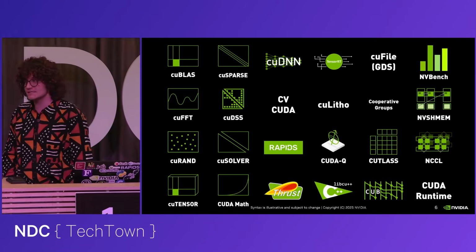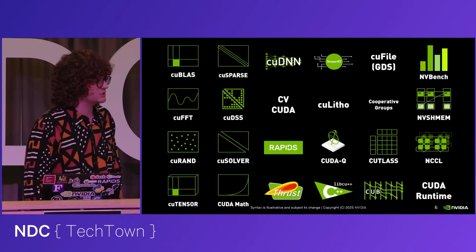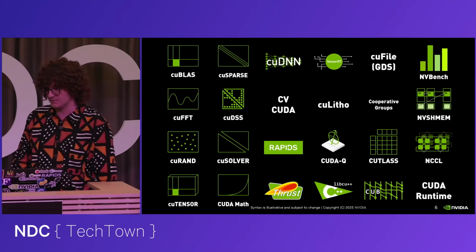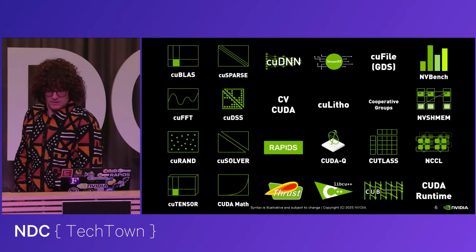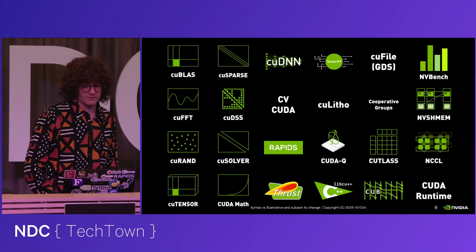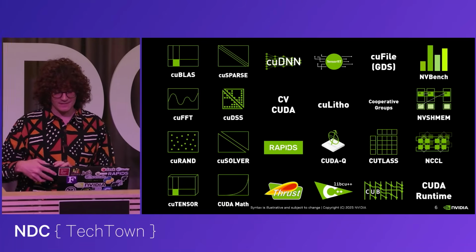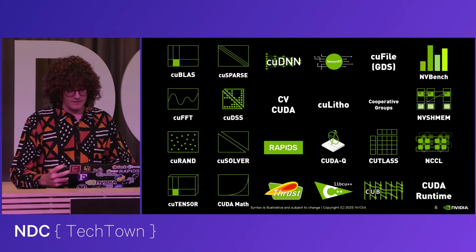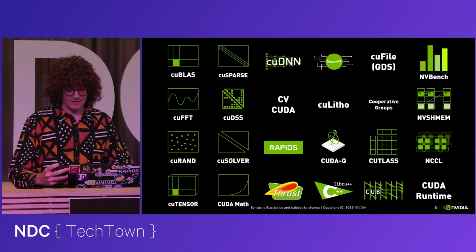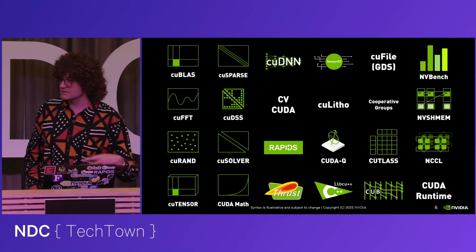They'll make your life easier, and they'll often give you better performance because they're written and tuned by a team of experts. You should try libraries before writing your own GPU algorithms. For almost every use case that you can imagine, there's an existing library. And if there is, you should try it out and benchmark it. And if it delivers the performance that you need, then just use it.